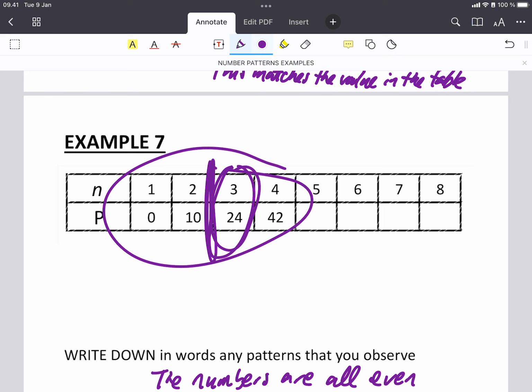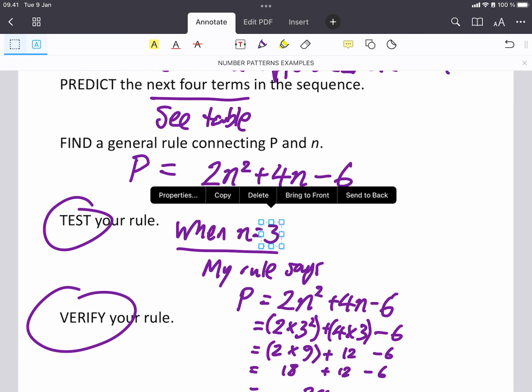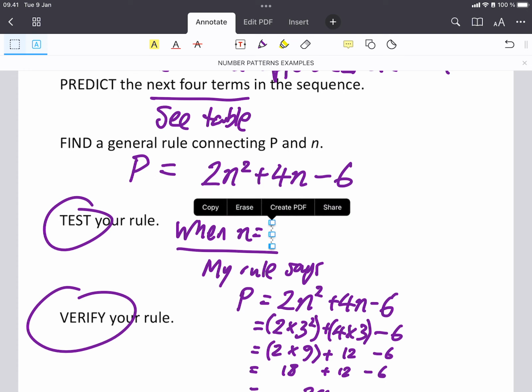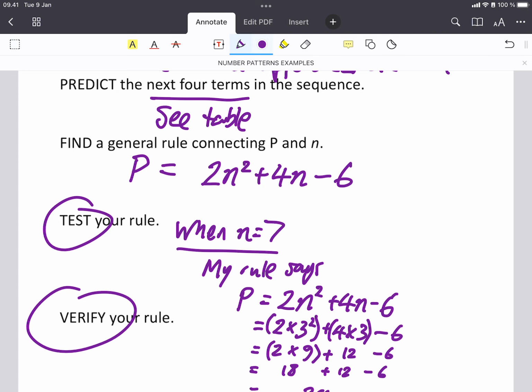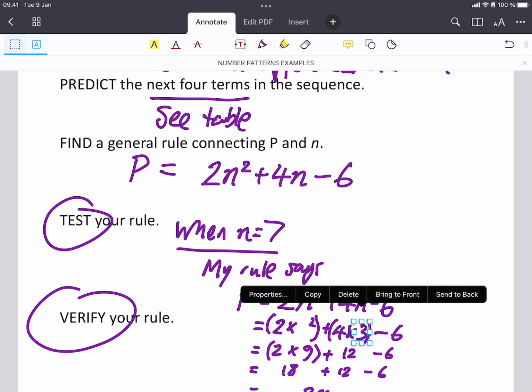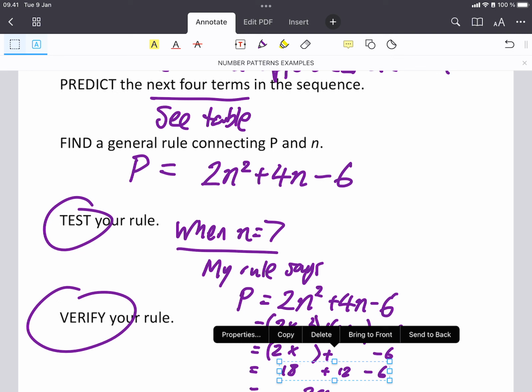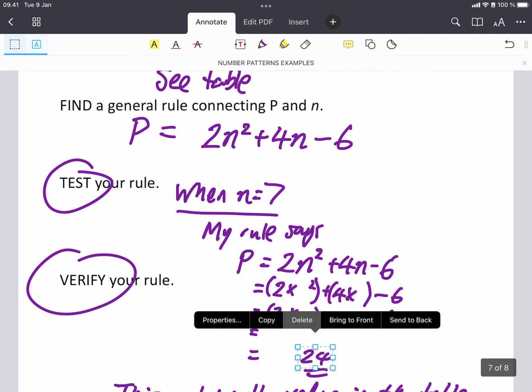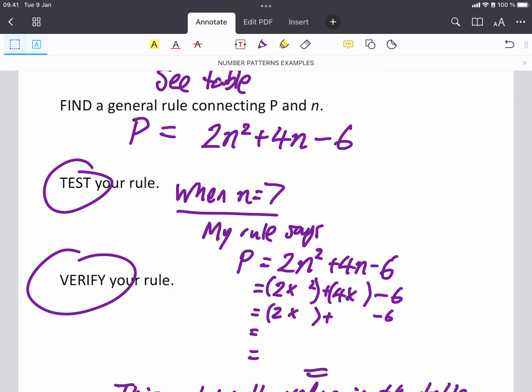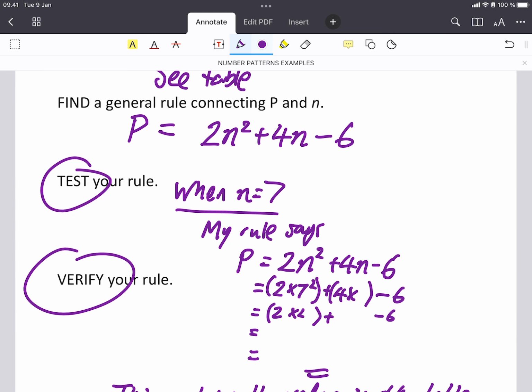Okay, so that's testing it, and verifying it is doing almost exactly the same thing, but just for one of the values higher up. When n equals 7, my rule says that p equals 2 times 7 squared, which is 2 times 49, which is 98, plus 4 times 7, which is 28, minus 6.